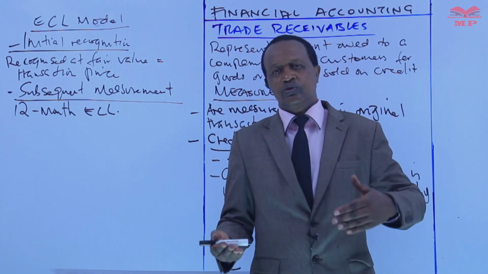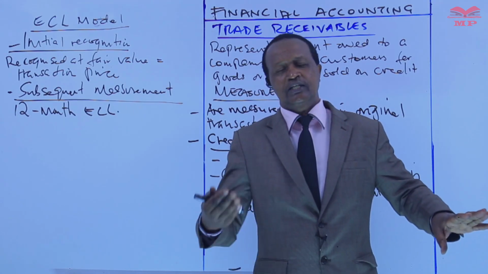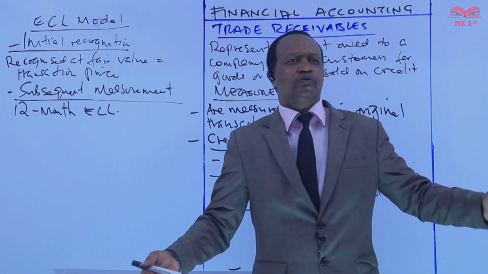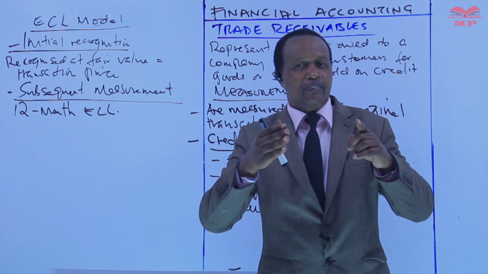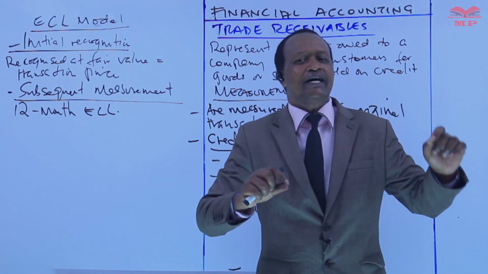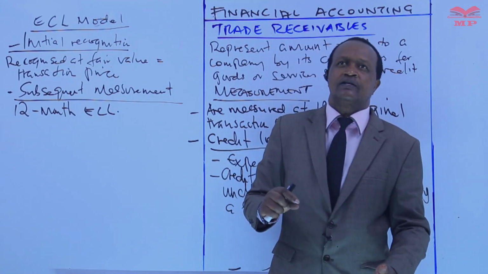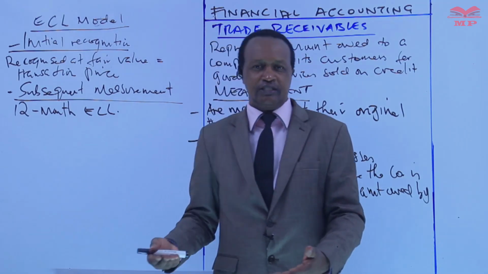You'll be told in some questions that the company has decided to increase the provision for bad and doubtful debts from 5% to 10%. That tells you that at the end of every 12 months, companies must estimate the expected credit losses, or what we sometimes call provision for bad and doubtful debts.